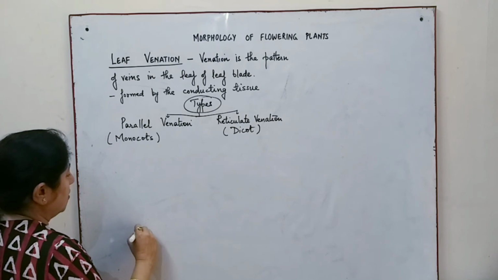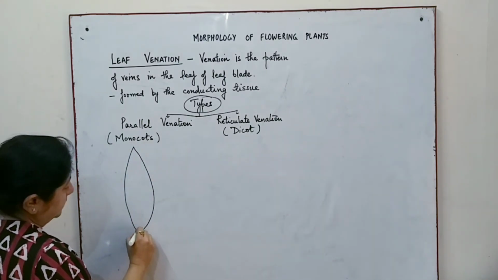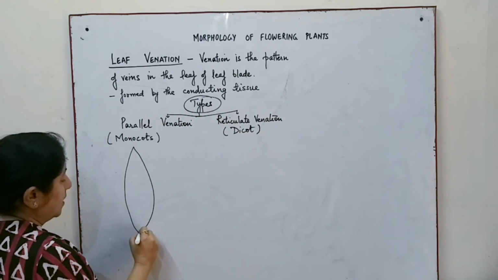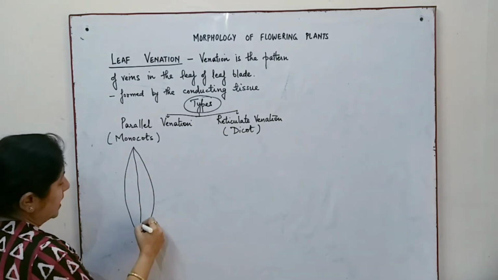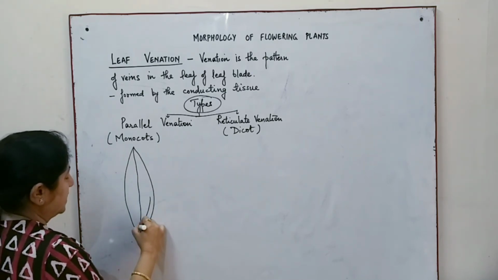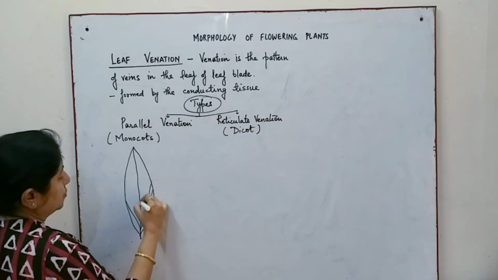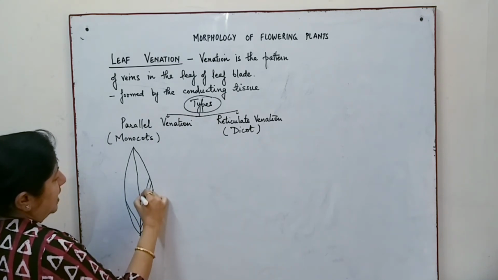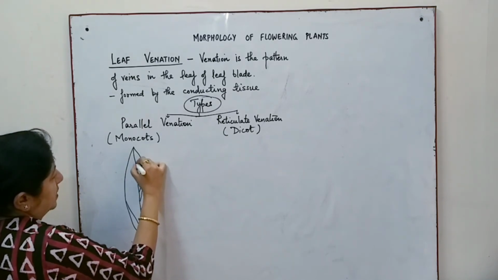So if we draw a leaf, this is the midrib which is going, and here you will see the veins arising parallel to each other, and they form the venation.